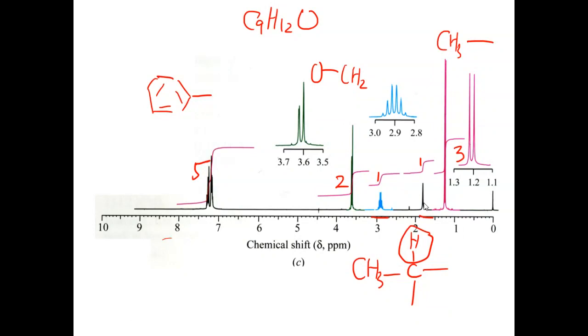Which peak? I think either blue peak or black peak. Blue peak is here, black peak is singular. The blue peak, because we know at least 4 lines, right? So this one should go here. Okay? So the OH. So this is this guy. This one obviously is OH.